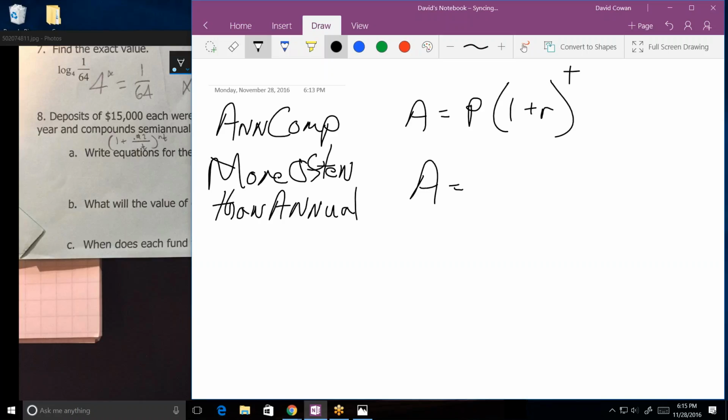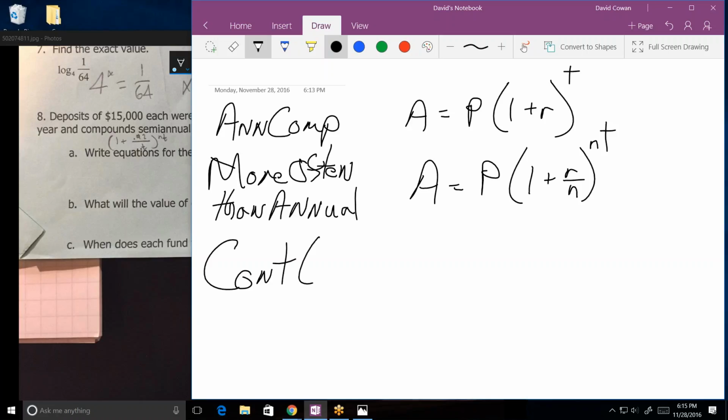A equals P times 1 plus R over N to the power of T times N. Okay. And finally, continuous compounding. I don't remember this one. Oh, right, yeah, P E to the R T.